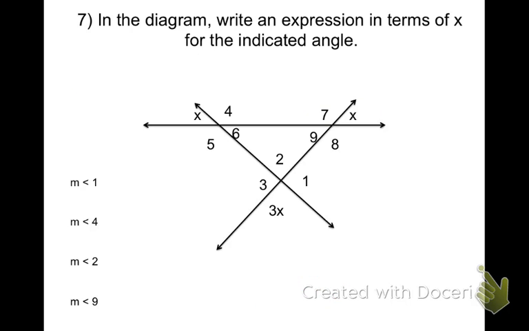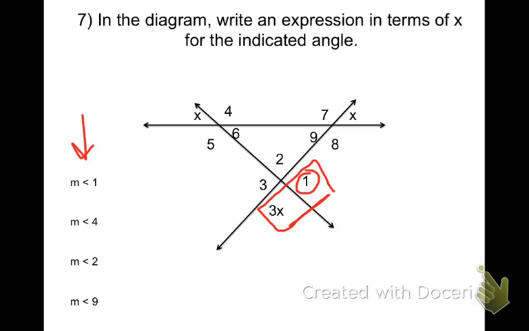In our final example, in the diagram, we're going to write an expression in terms of x for the indicated angles, and those are all right here. So if I need to know the measure of angle 1, I know that it is supplementary to this angle.